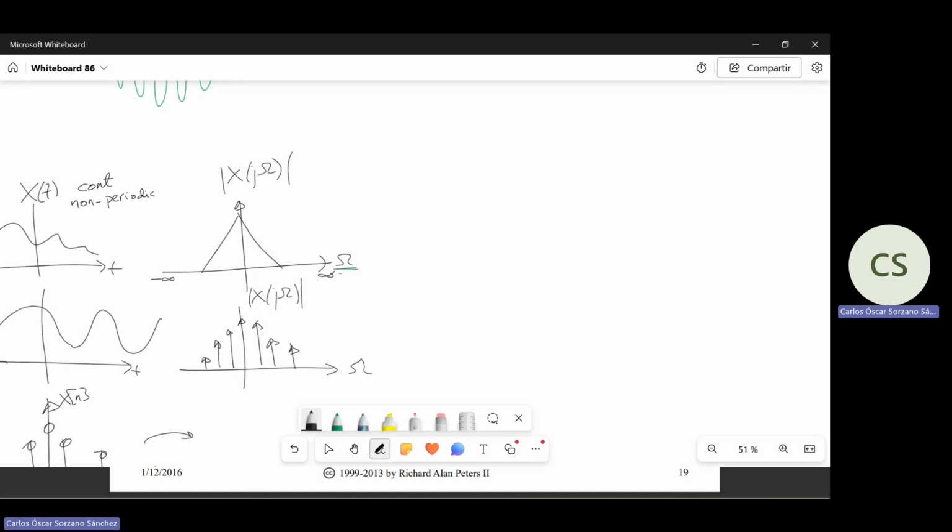This Fourier transform is the one we have just presented. The inner product between your signal and the complex exponential. I'm more used to write a small omega. So it is this integral from minus infinity to infinity of x.